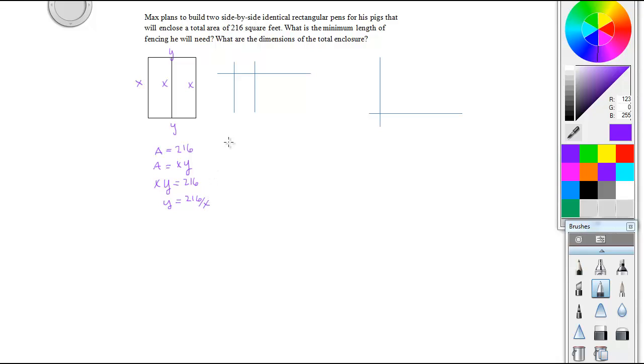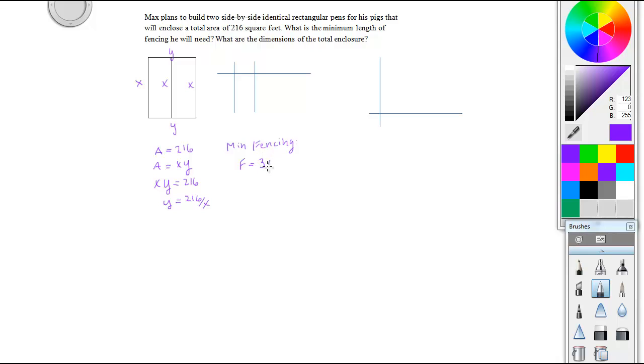Now, what we're trying to minimize is fencing. So we want to find the minimum fencing that meets the constraint of area. Fencing is equal to all of these sides added together.